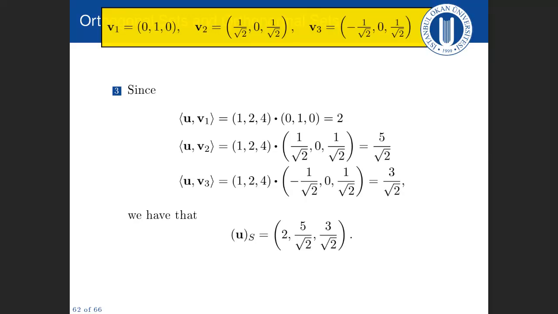To do that, we need the inner product of U and V1, which I've written at the top now, the inner product of U and V2, and the inner product of U and V3. Check, we get 2, 5 over root 2, 3 over root 2. And then we're finished. The coordinates for U relative to our orthonormal basis S are 2, 5 over root 2, 3 over root 2.